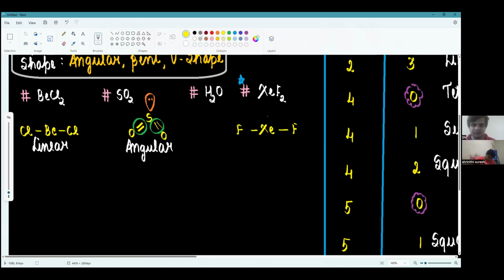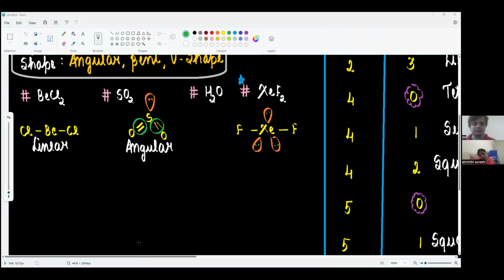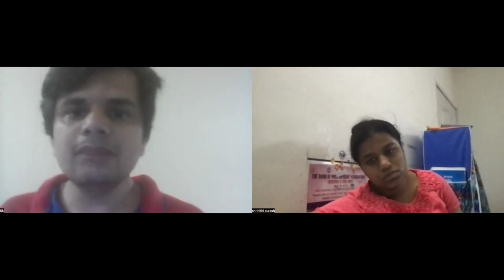This is XeF2 and there will be 3 lone pairs of electrons like this. Look at this shape, it is very important, which says that this will be the shape.